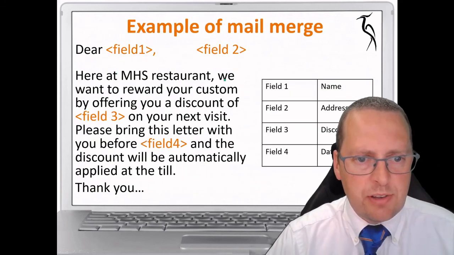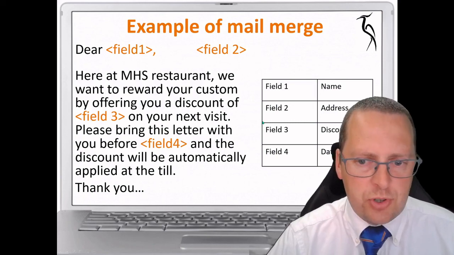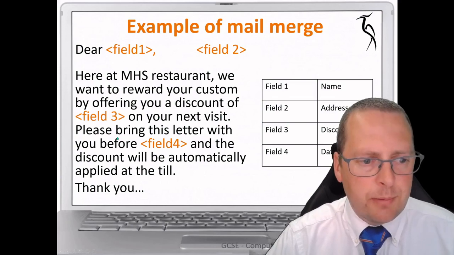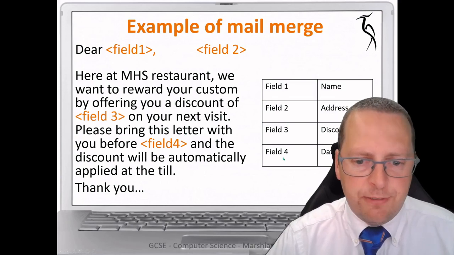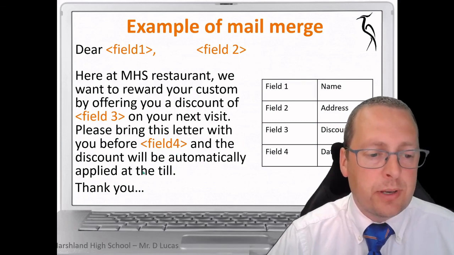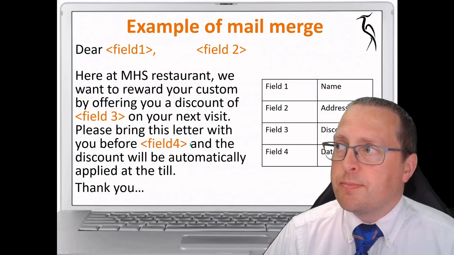Here at MHS Restaurant, we want to reward you as a customer by offering you a discount of however much, the percentage discount, on your next visit. Please bring this letter with you, and then I've got a date in here, and the discount will be automatically applied at the till. So that's what we're looking to create.